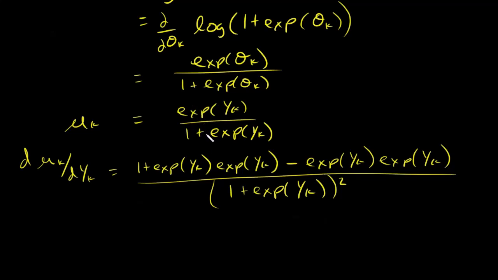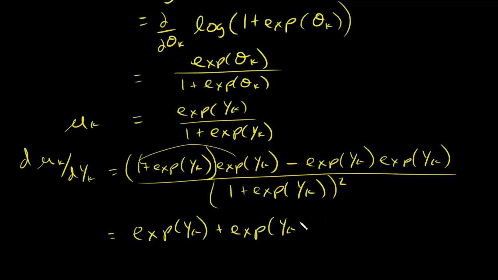Oh, you know what? I think when I wrote the bottom, I should have put parentheses around that. So I need to go ahead and first distribute that. So let's go ahead and do this. So I'll have e to the yk plus e to the yk squared minus e to the yk squared.